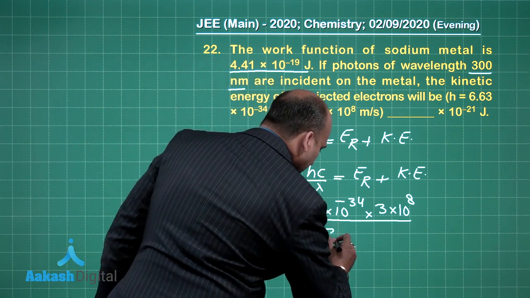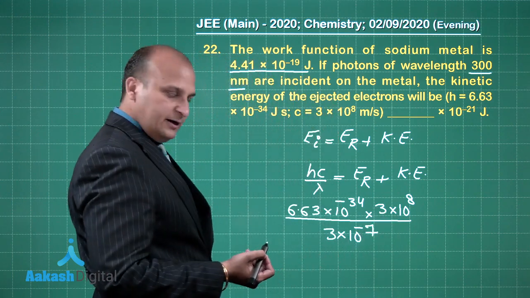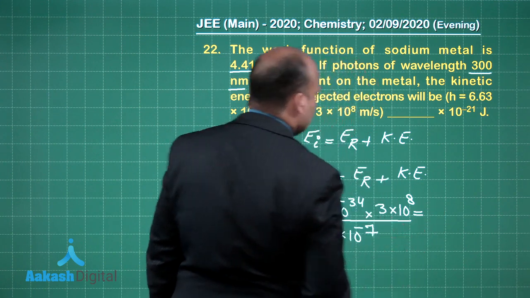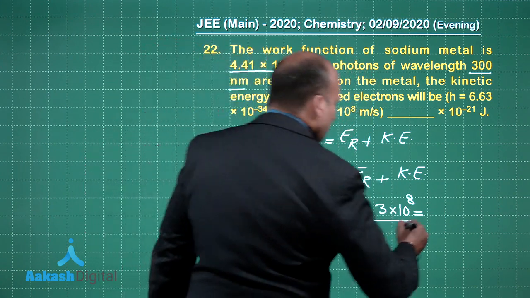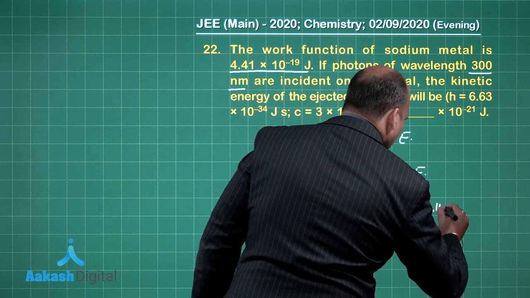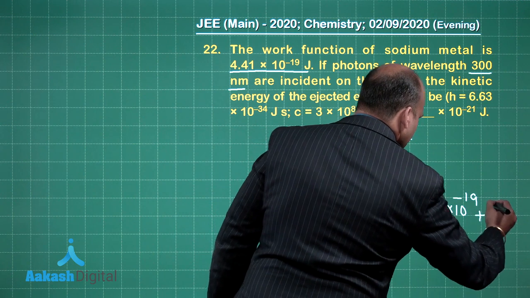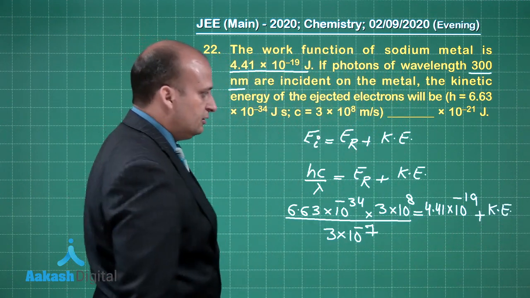I am writing it as 3 into 10 raised to power minus 7. Now, this is equal to Er or the work function, which is given to be 4.41 into 10 raised to power minus 19 plus kinetic energy, right dear friends.